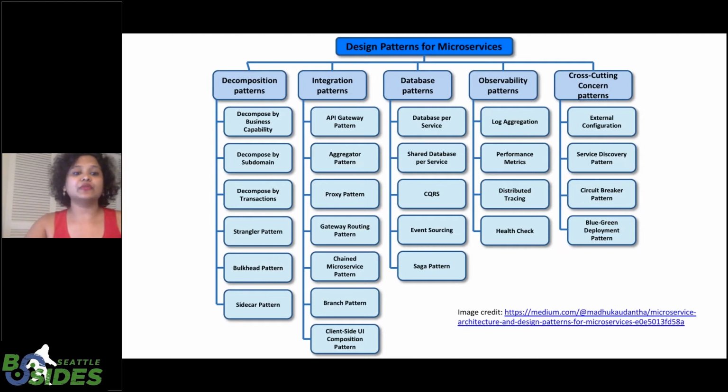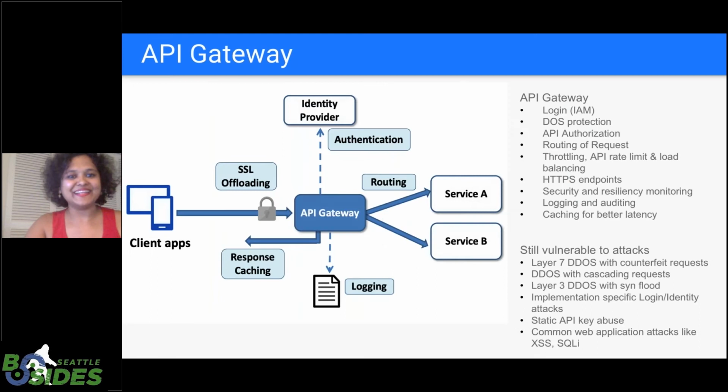They come out of the box, and that makes it very easy for developers to configure them. All right, let's take a look at the first design pattern, API gateway. This is the most favorite design pattern. Now imagine your AWS Lambda service or Google function is part of service A or service B.